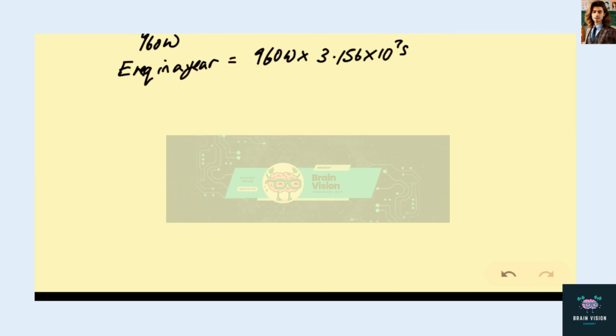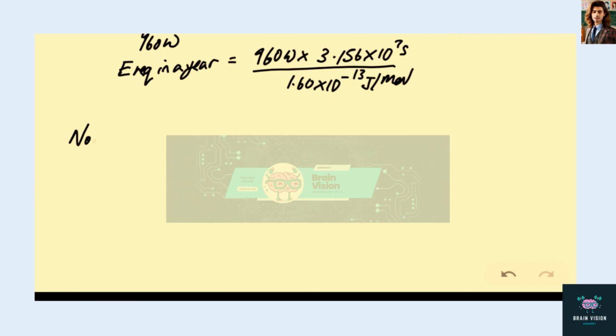Right, and this will give us the amount of energy that's required in terms of joules. But our energy for the fission is given in terms of MeV. So we're going to convert this into MeV.